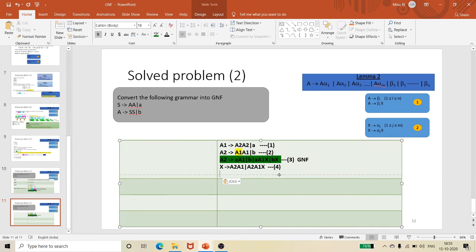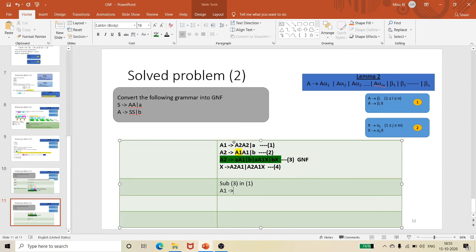Now as this one becomes my GNF, what can I do? I can substitute the value of A2 either in x or in A1. So substitute 3 in 1. Substituting 3 in 1, A1 gives, what is my A2?